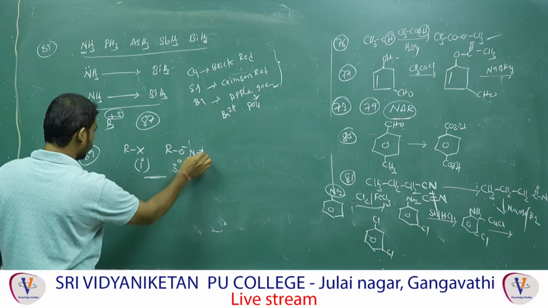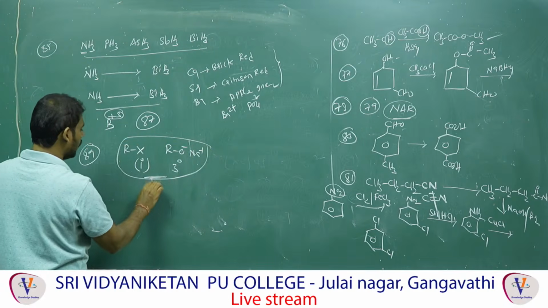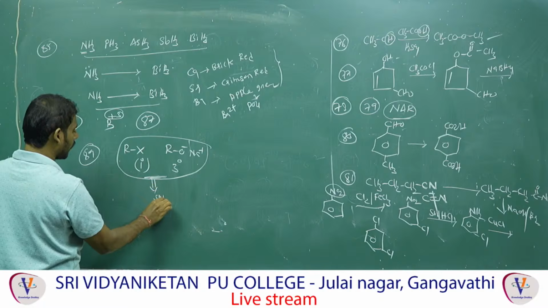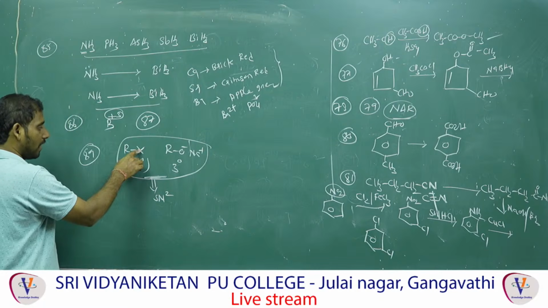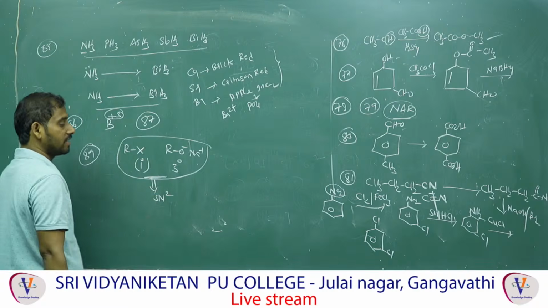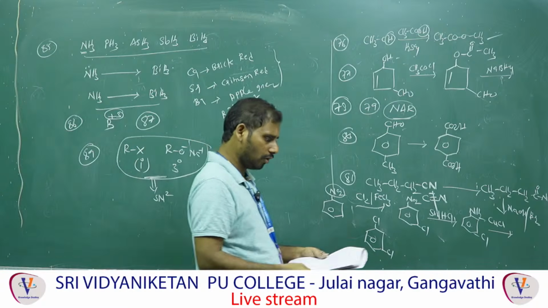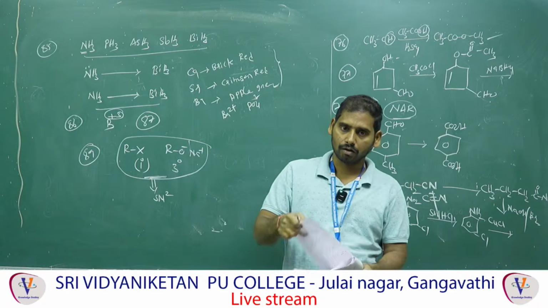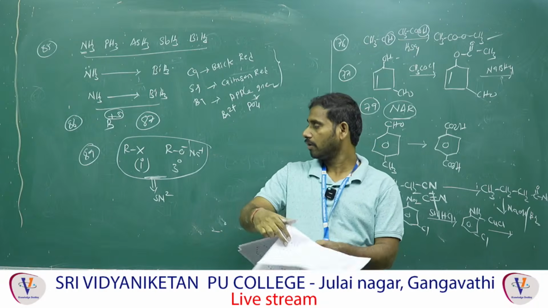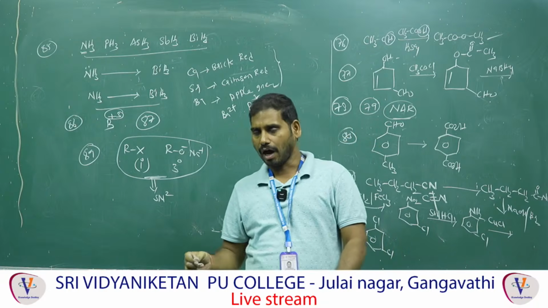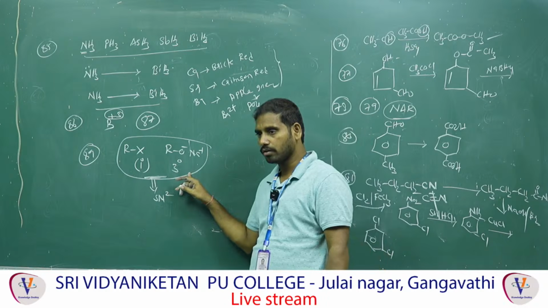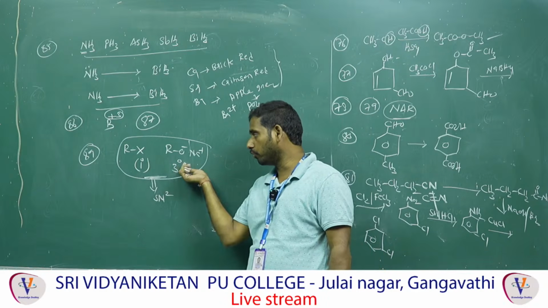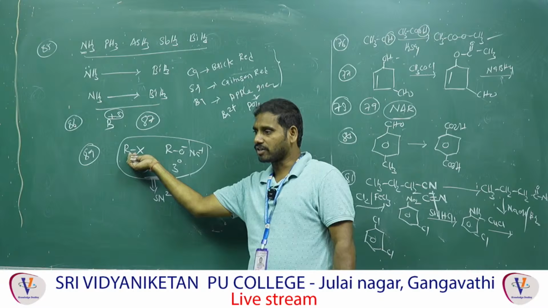This combination will give the better yield, as it follows the SN2 mechanism. Primary alkyl halide means SN2. So for better yield of ether, the alkyl halide must be primary and the alkoxide tertiary. This you have to remember.